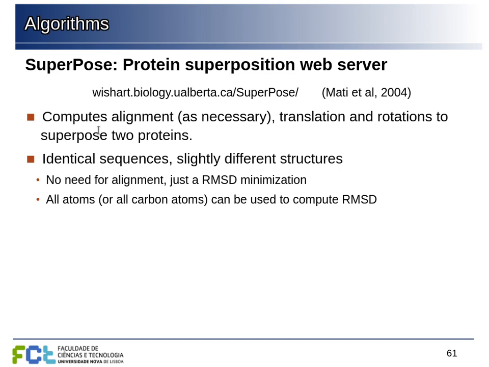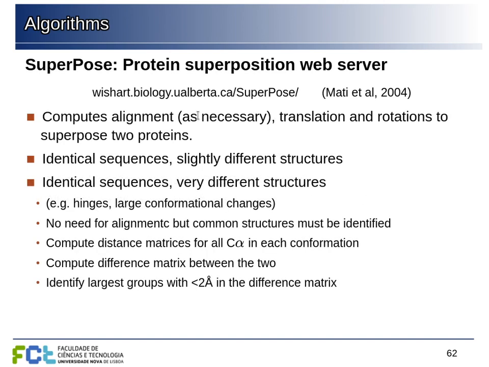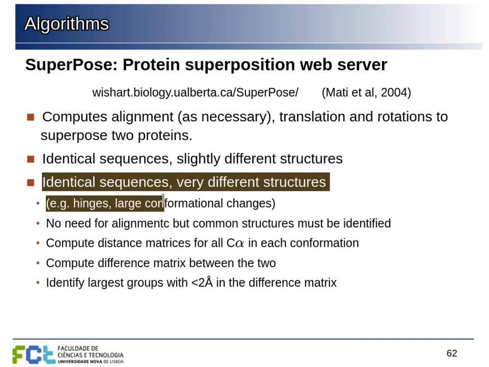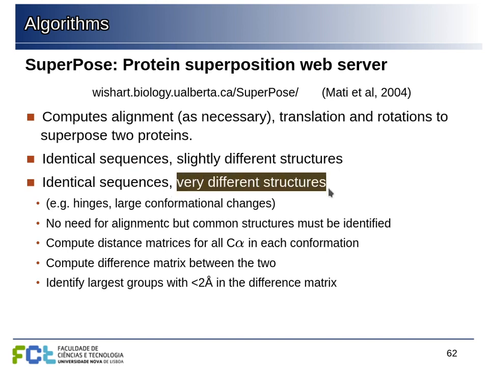that computes these superpositions to compare the different structures. It can automatically compute the sequence alignment and then does this translation and rotation to superpose the proteins. If the sequences are identical, then it doesn't even need to compute the alignment, and it just does the superposition. But there are some situations, for example, where we have identical sequences, but the structures are very different.